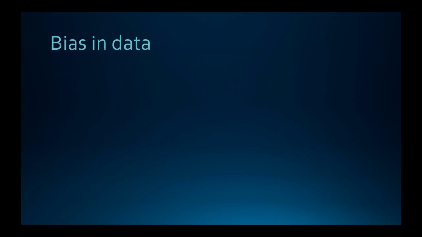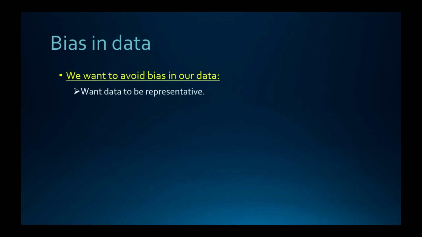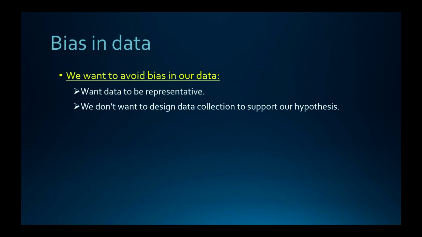Let's talk about the idea of bias in data. Clearly, we want to avoid bias in our data. That does not make for very solid research methodology. So what I mean by that is that we want our data to be representative. In other words, we don't want to design our data collection simply to support our hypothesis, right?